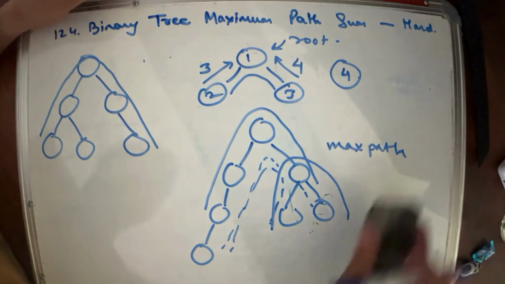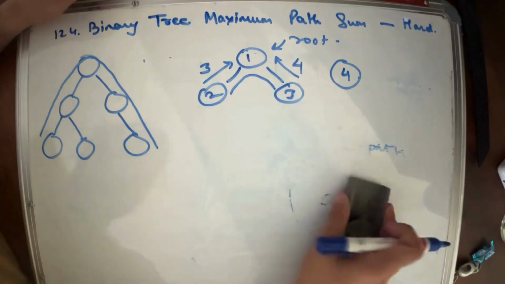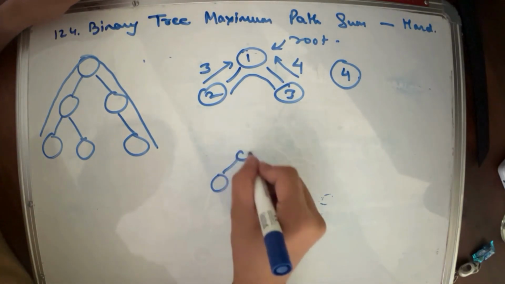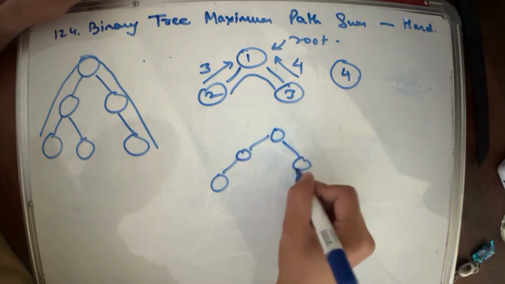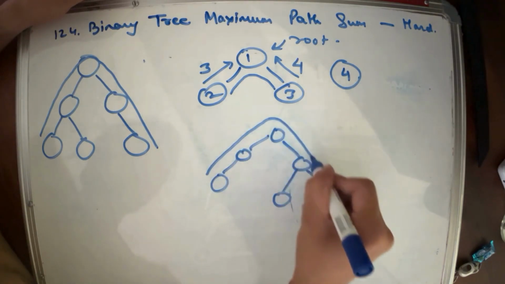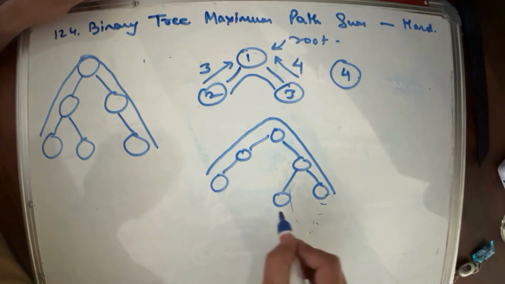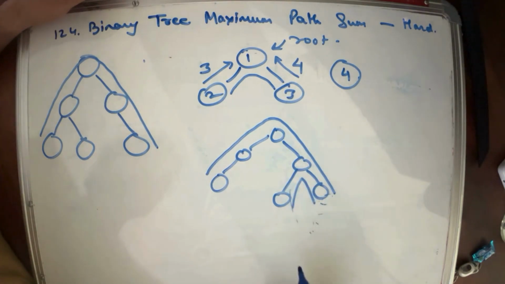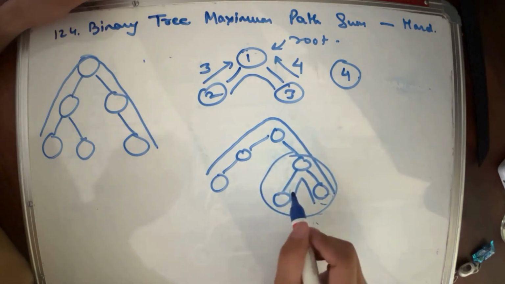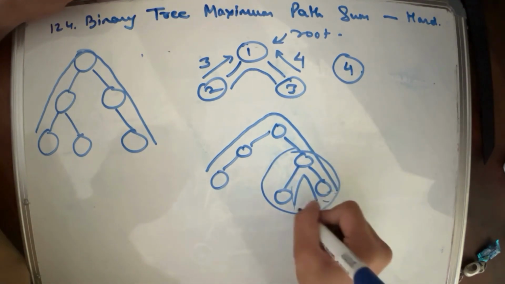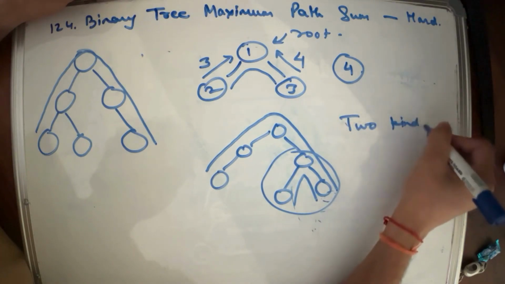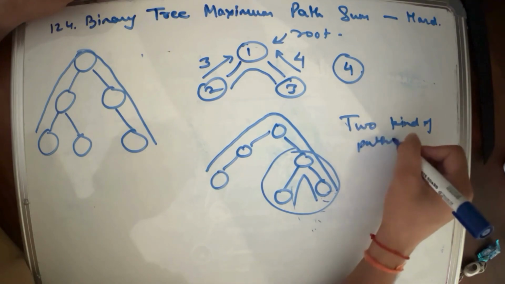Okay. So now we know there are two kinds of paths, right? Our observation is there are two kinds of paths. One is going like this, and the other is going like this, right? So every subtree can have two kinds of paths.